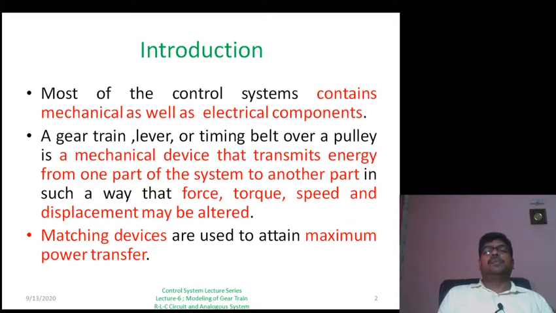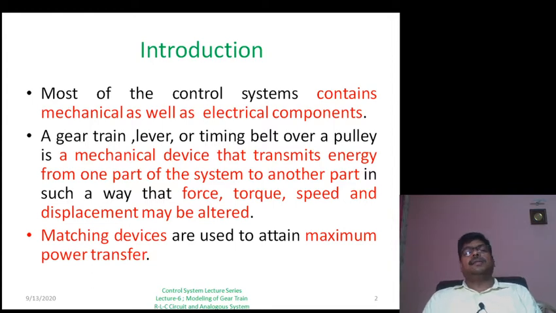So the purpose of the gear train and lever or timing belt is to transmit the maximum power from one part to another part, and also to have a force, torque or speed such that we can vary it.